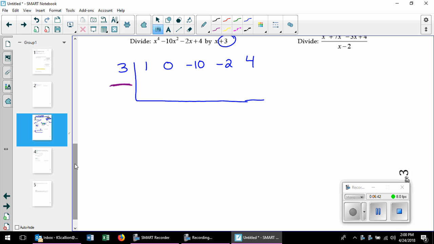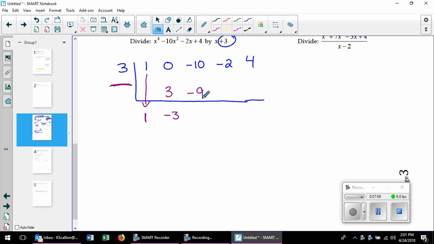Okay, what is the first step of synthetic division? What happens to that 1? It drops all the way down. So there's my 1. Now I go 3 times 1 gives me 3. So I have 0 subtract 3, -3. Now I have 3 times -3, -9.